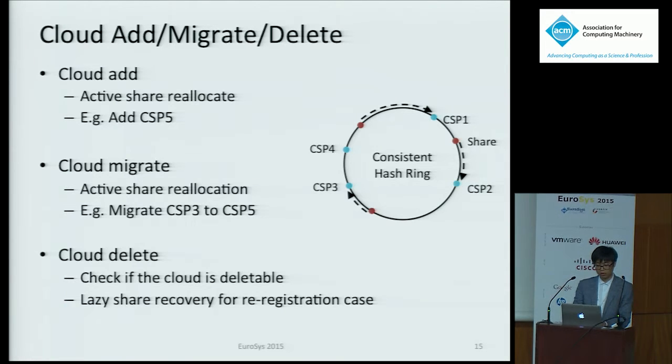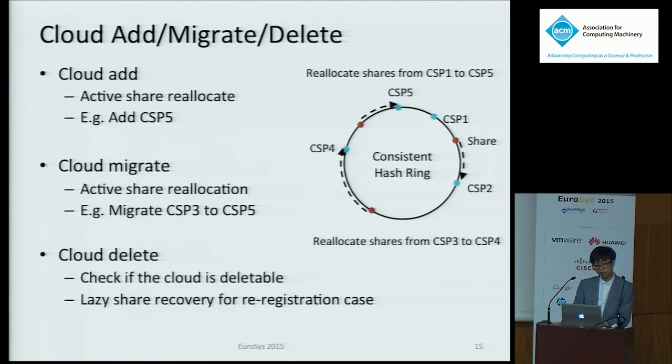If we migrate CSP3 to CSP5, the entire set of shares in CSP3 should be reallocated to CSP4, and some shares between CSP4 and CSP1 should be allocated to CSP5.